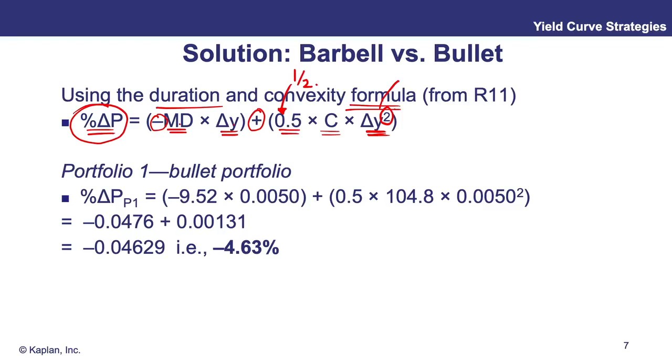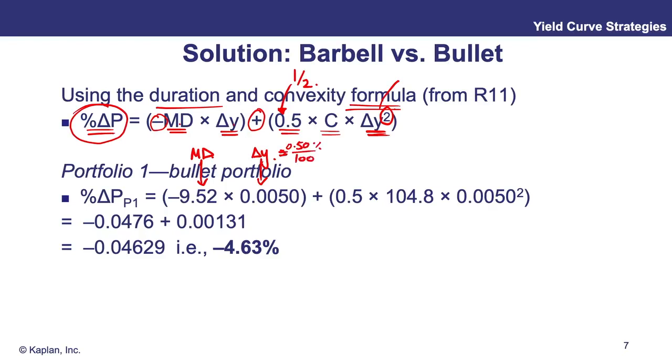So let's have a look and see what we think the bullet portfolio is going to do. We expect a change in price of, it's got a modified duration of 9.52, and there's your delta y in decimal terms. Don't forget it's 50 basis points, which is 0.5%, but then we've got to divide by 100 to decimalize it.